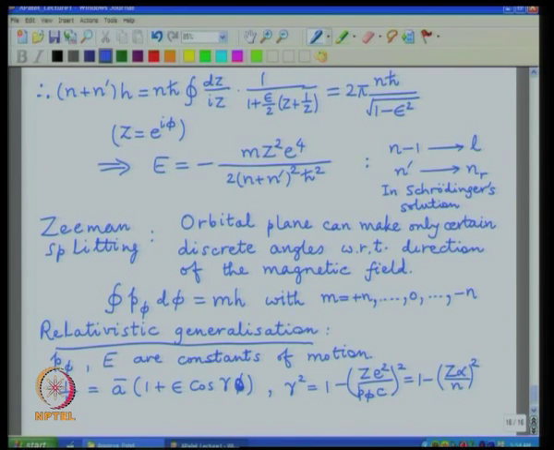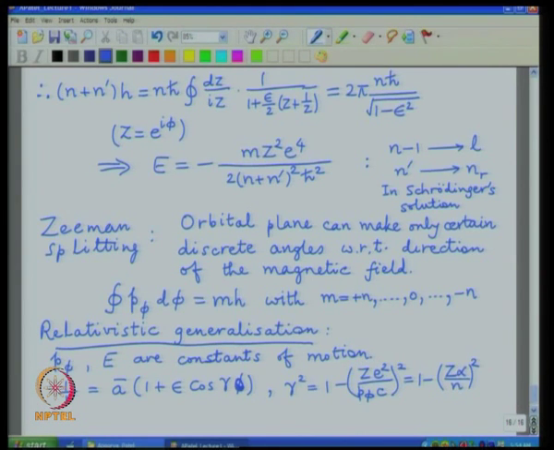So, phi is periodic when it goes from 0 to 2 pi, but r will be periodic when phi goes from 0 to 2 pi divided by gamma. And so, the two periodicities are not equal. In applying the action angle principle, we have to apply each variable with its own periodicity and not a common periodicity for all individual components. And the formulation then continues just the same way.